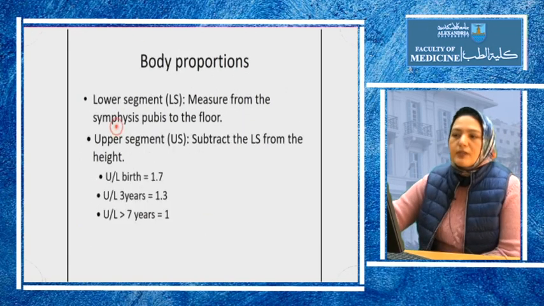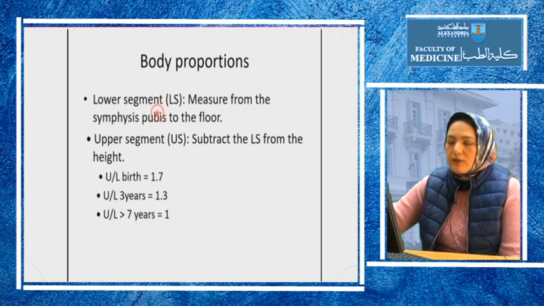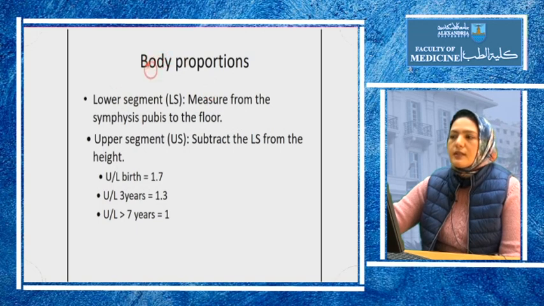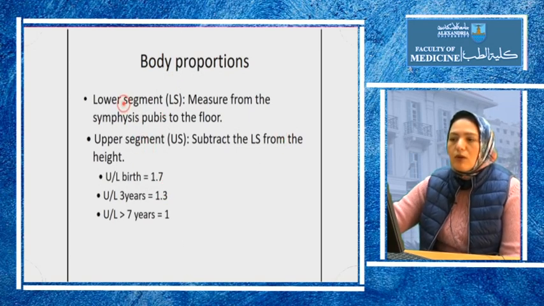The second important point regarding assessment of the physical growth of the patient is the estimation of the body proportions. As we mentioned before, we take the height and the span, and we also take the lower segment and upper segment.